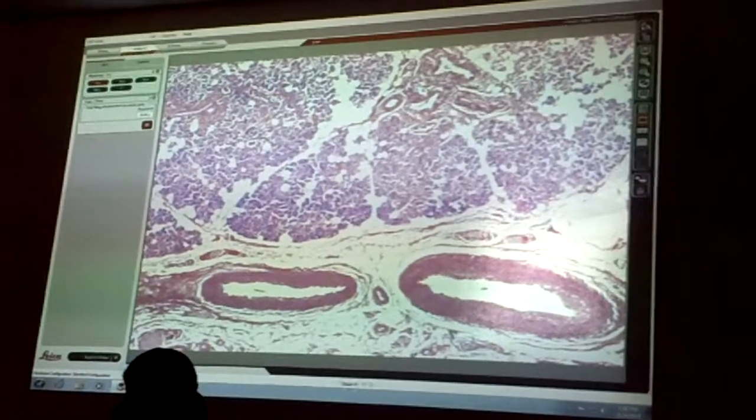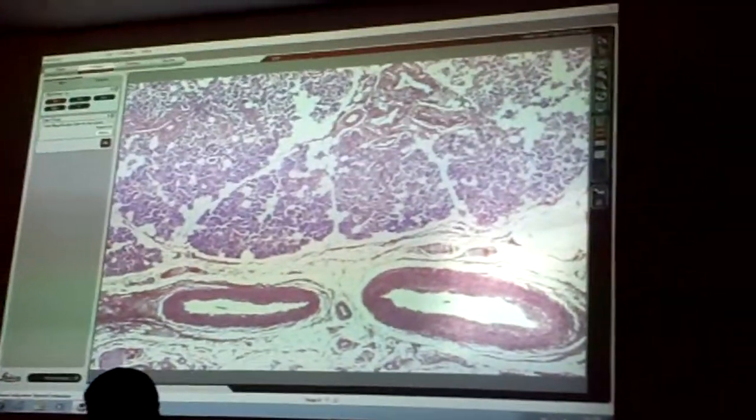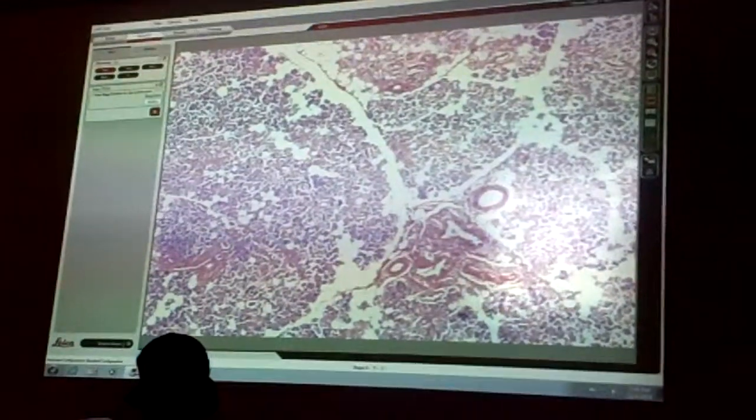Now on this one, all those white specks, that is adipose. Let's find some mucus acini. And if we're seasick, motion sick, don't look at anything.